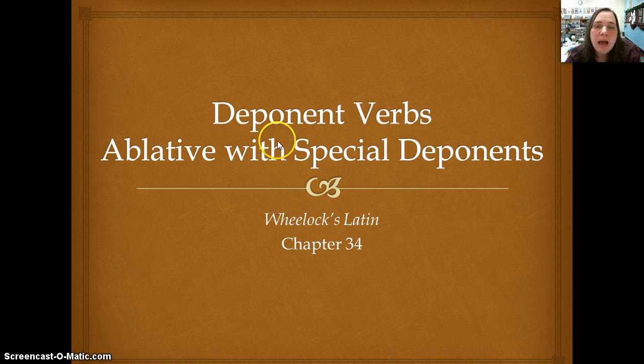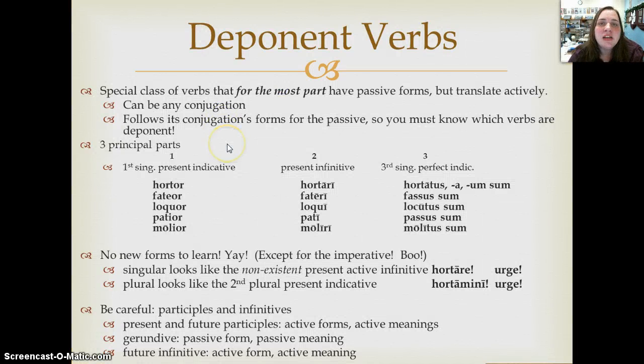Okay, so what do I mean by deponent verbs? Deponent verbs are a special class of verbs that, for the most part, only have passive forms, but they also only translate actively. Okay? They can be any conjugation, so there are first conjugation deponents, second conjugation deponents, third IOs, fourths, all of them.